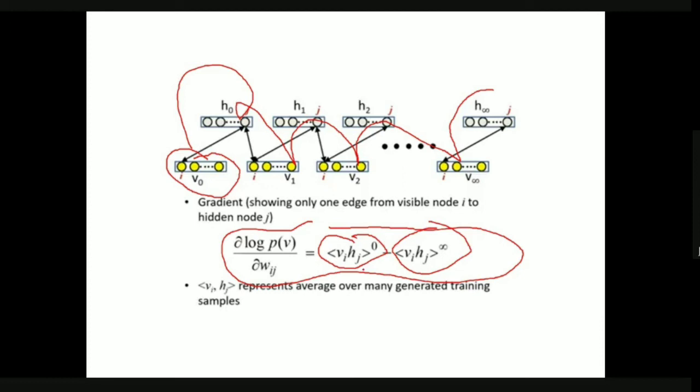Here ViHj represents the average over all the generated training samples. What we are doing is initializing the visible unit and letting the network evolve like this, which gives this complete chain. This is how the training of the restricted Boltzmann machine happens.